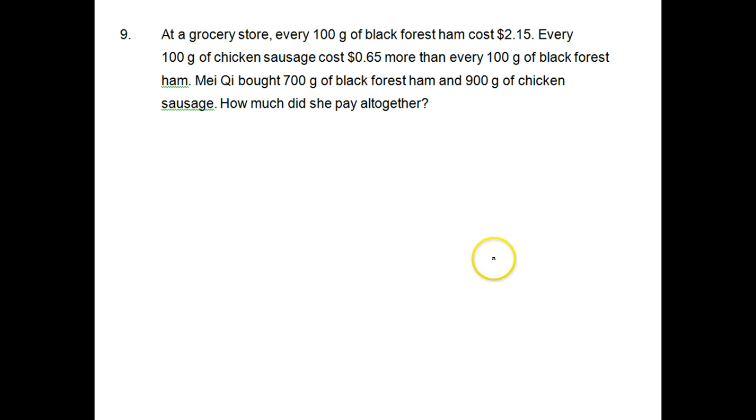Question 9. At a grocery store, every 100 gram of Black Forest ham costs $2.15. Every 100 gram of chicken sausage costs 65 cents more than every 100 gram of Black Forest. Meiji bought 700 gram of Black Forest.